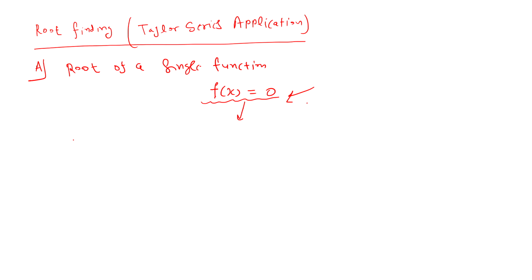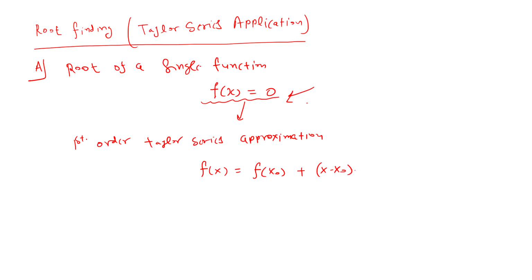So let us write down the first order Taylor series approximation, and that is f of x equal to f of x naught plus x minus x naught times f prime x naught.